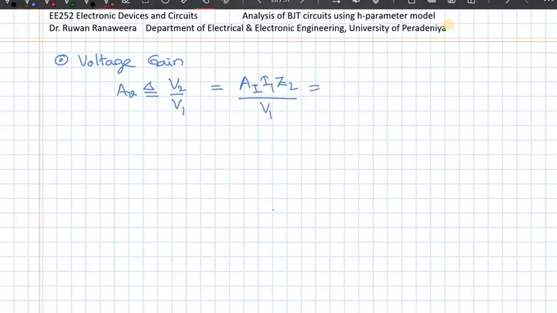But if I divide both by I1, what I have here is Zi. So therefore what I have is Ai ZL over Zi. If I want to, I can express Ai and Zi in terms of the circuit parameters, but I'm going to leave it as it is. So you can mark this as Av.